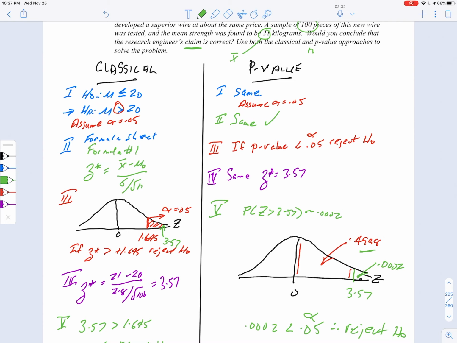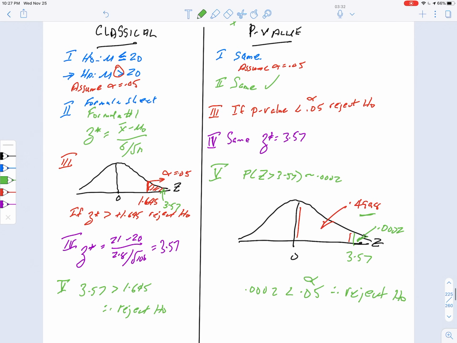So taking a look at these two together here, steps 1, 2, and 4 are exactly the same. But in each case, whether it's the classical or the p-value approach, you go to the table. So in the classical approach, you went to the table at the beginning to find the critical value. The critical value was 1.645.